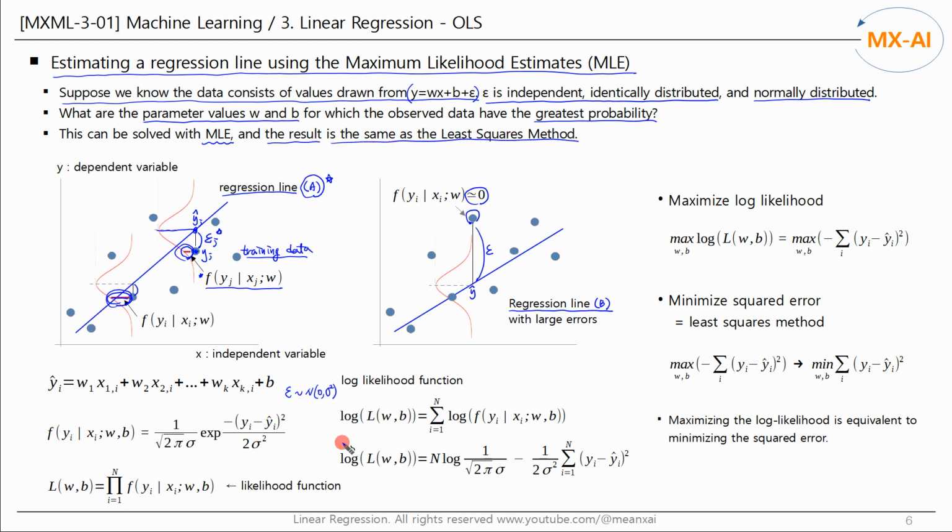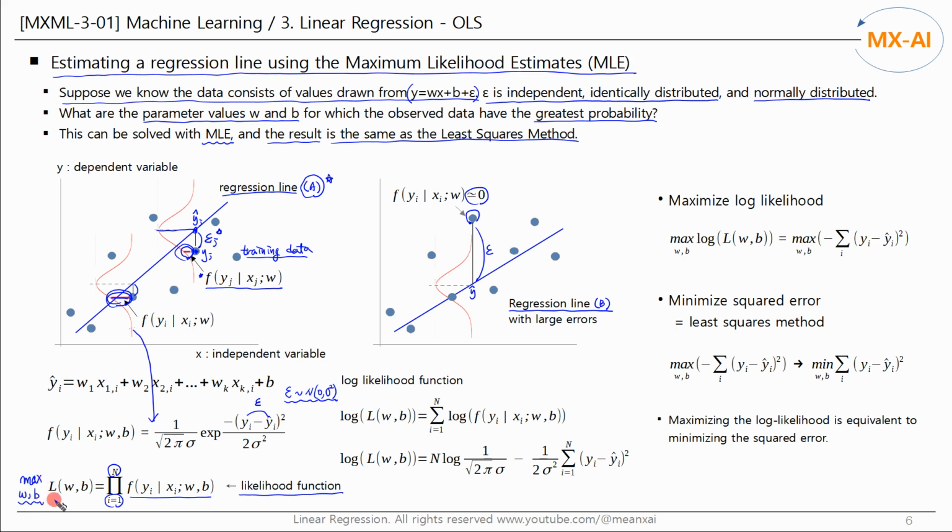Assuming that the error, epsilon, follows a normal distribution, the PDF value for this distribution can be written as follows. Y minus y hat is the error, epsilon. The product of the PDF values for all data points is defined as the likelihood function. Then we can find the W and B that maximize this function.